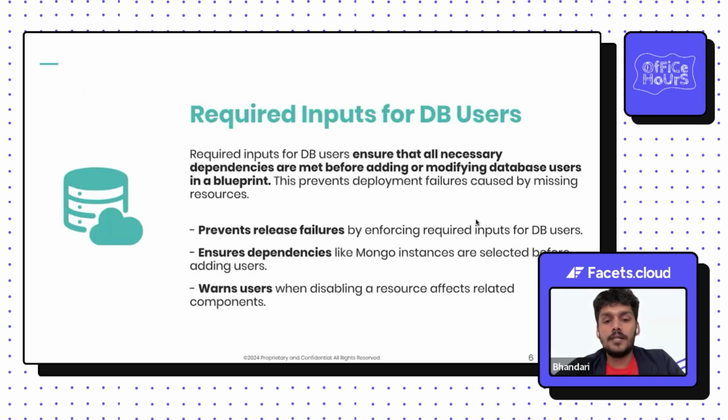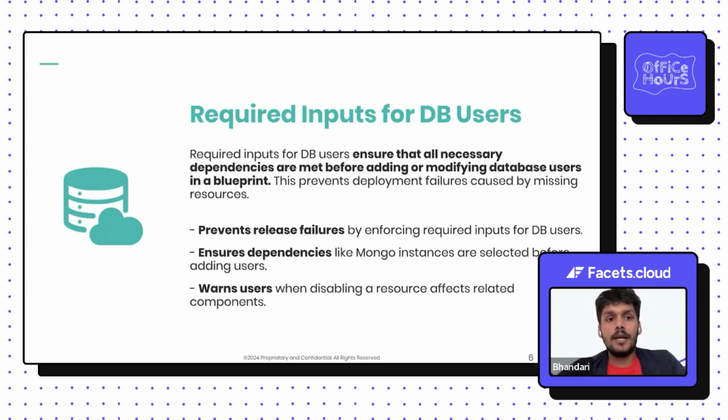So now we have added support for input-output modeling of resources, where for any resource that requires any other resource, when you add that particular resource, you will be asked to select the required inputs of that resource so that all the requirements are met beforehand, preventing release failures. In this way, it ensures that all the dependencies for the required inputs are met.